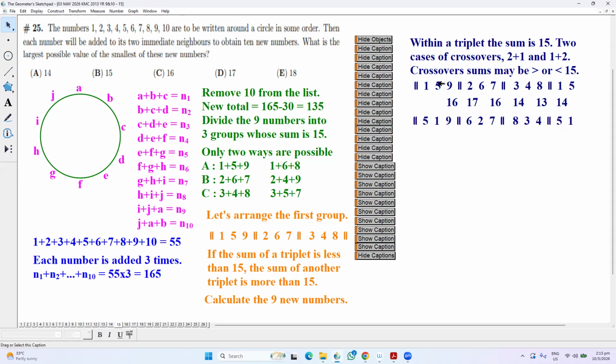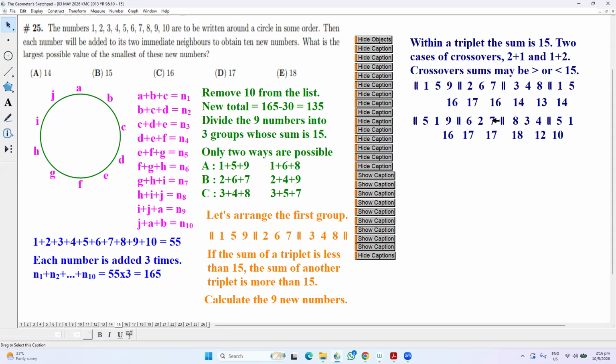So we put the smaller number in the middle strategy. 2 put in the middle, so that when you cross border, it will be bigger. Inside the border is still 15. So you put in the middle, it will be 15, 15, 15. So now the cross border will be slightly better. So let's calculate the crossover. So 196, 16. 962, 17. Then 278. Remember 2 plus 1, 1 plus 2.